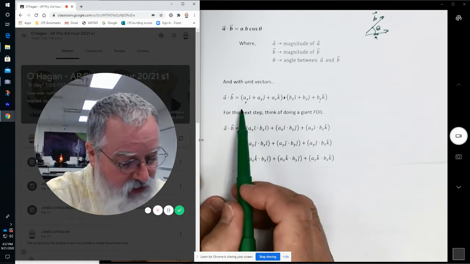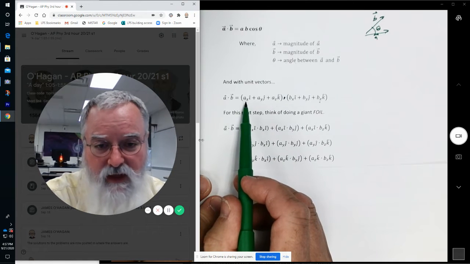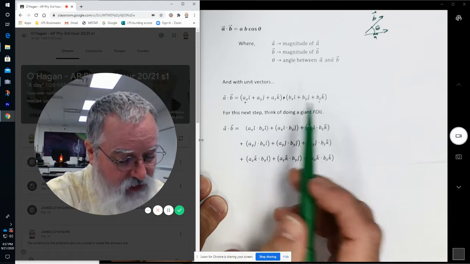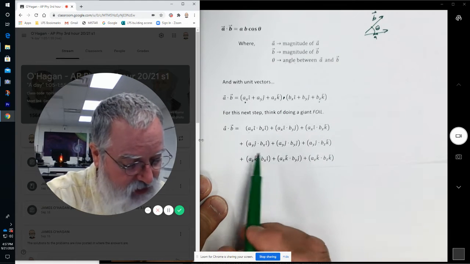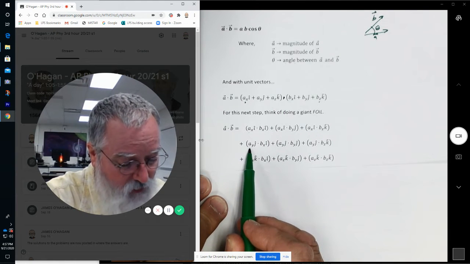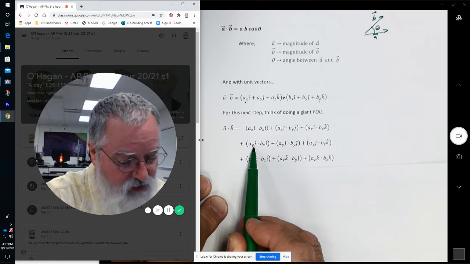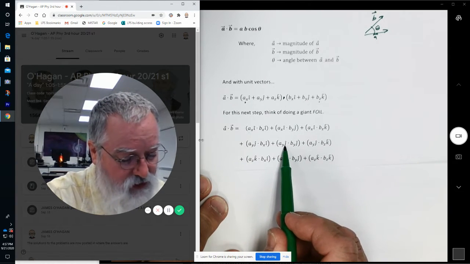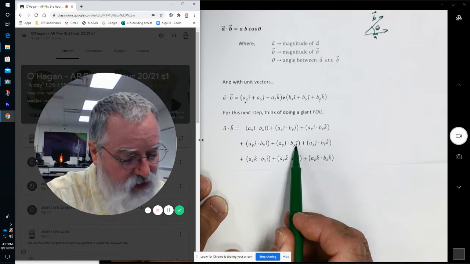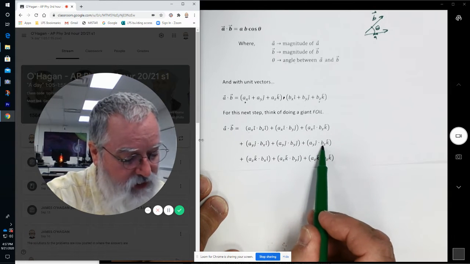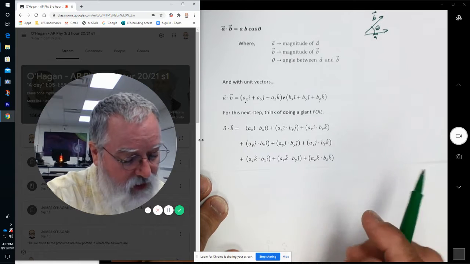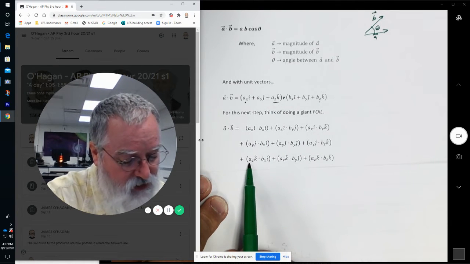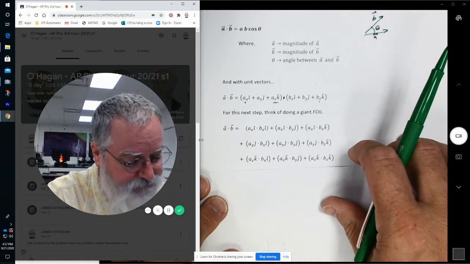That handled the X direction of my A vector, but I still have a Y direction and a Z direction to go through. Here's the next line: AY in the j direction times BX in the i, AY j with BY j, AY j with BZ k. My third line is the terms that all start with AZ.